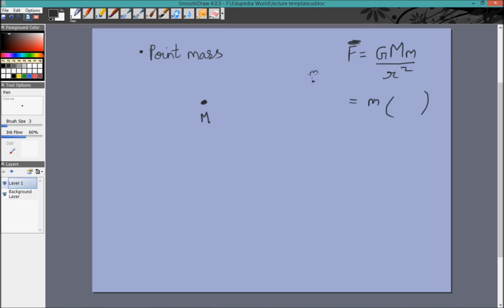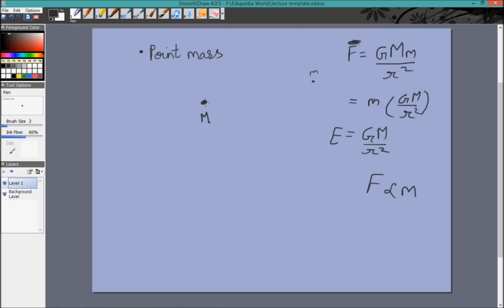Remember, the force experienced by a particle of mass m is equal to the mass multiplied by a constant. That is what Newton's gravitational law implies, right? The first statement I wrote was F was proportional to m. That means F was something multiplied by m. What is multiplied by m in this case? It is G capital M by r square, right? So this is the field. So the field is G capital M by r square.